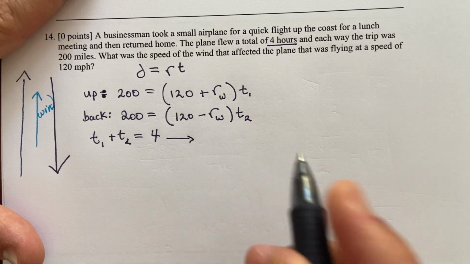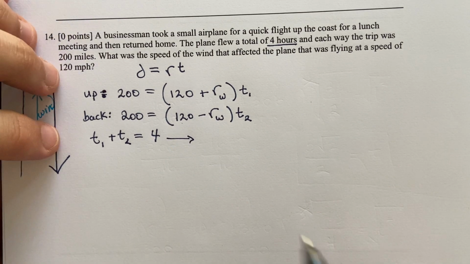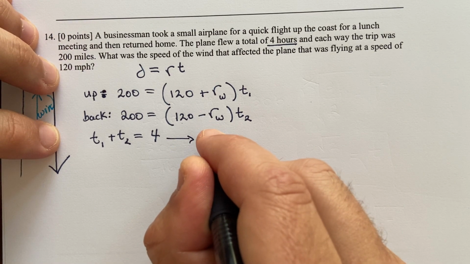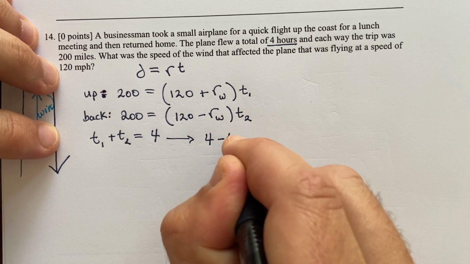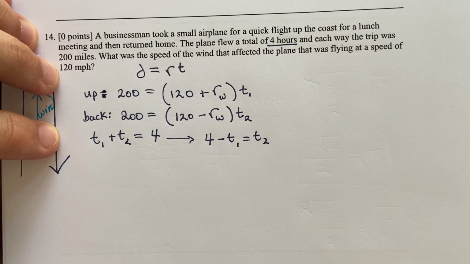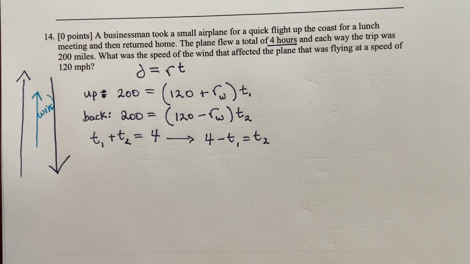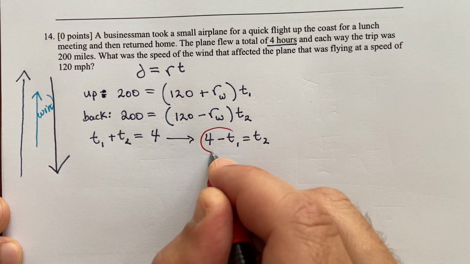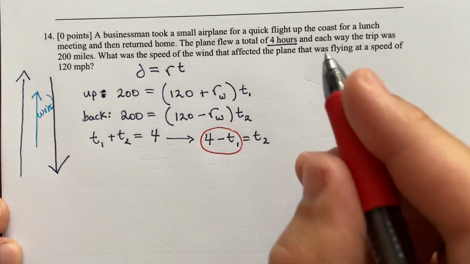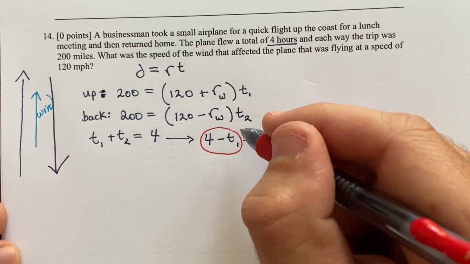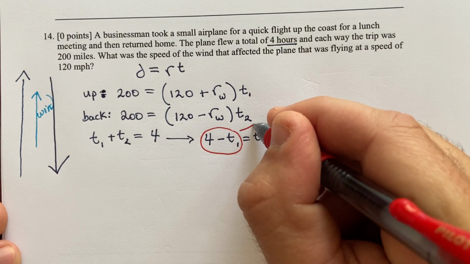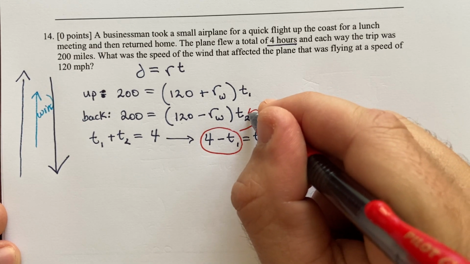From that, if you subtract T1, then you can write 4 minus T1 equals T2. And I can take this value and plug that in for T2 right here.